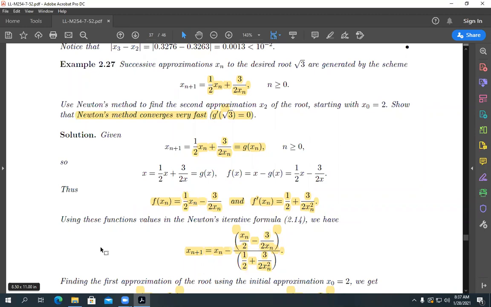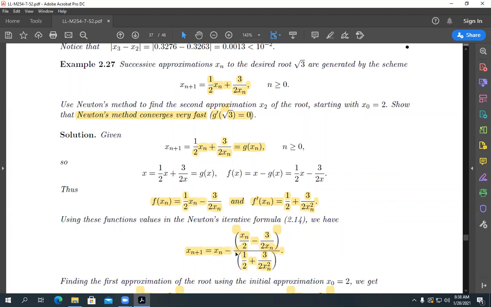Sorry, I say the Newton method converges very fast, and when we check whether it is fast, we always need g dash. So we need g, which is always the right part. This is your g for the Newton case.